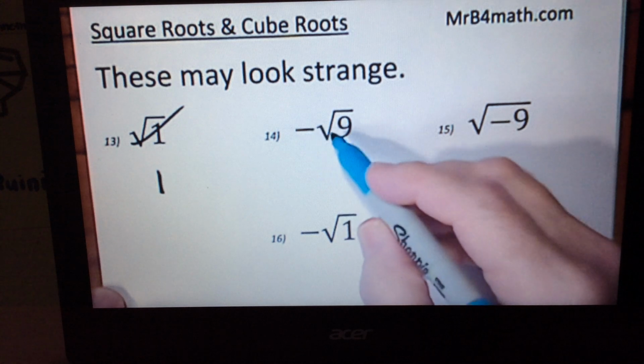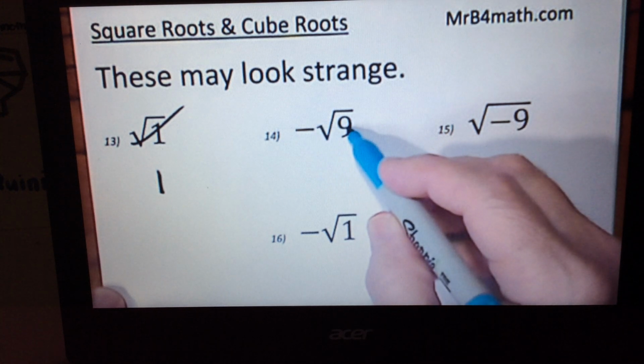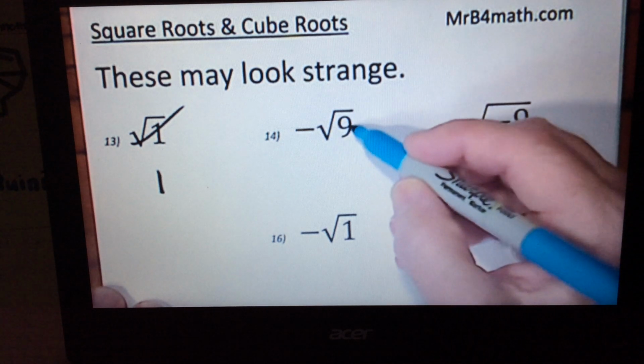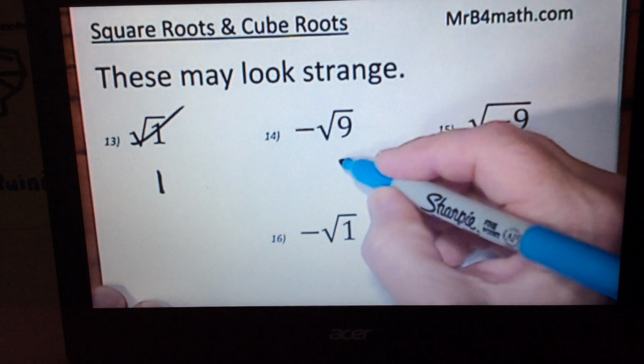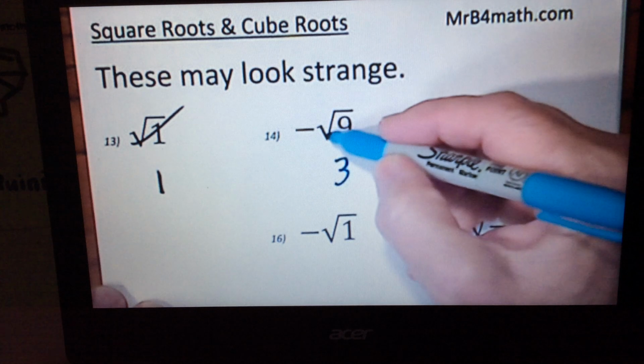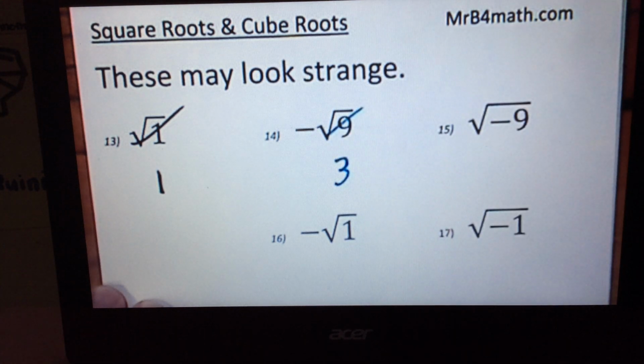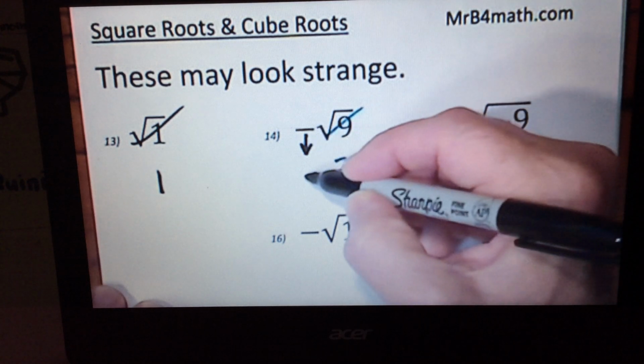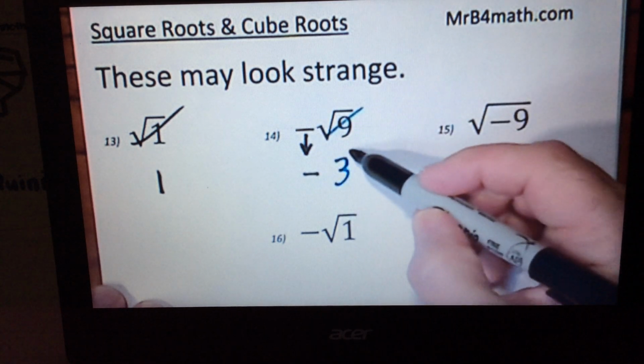The negative square root of 9 can be found because the square root of 9 is 3, takes care of that. Now this negative sign just comes straight down. So this is our answer.